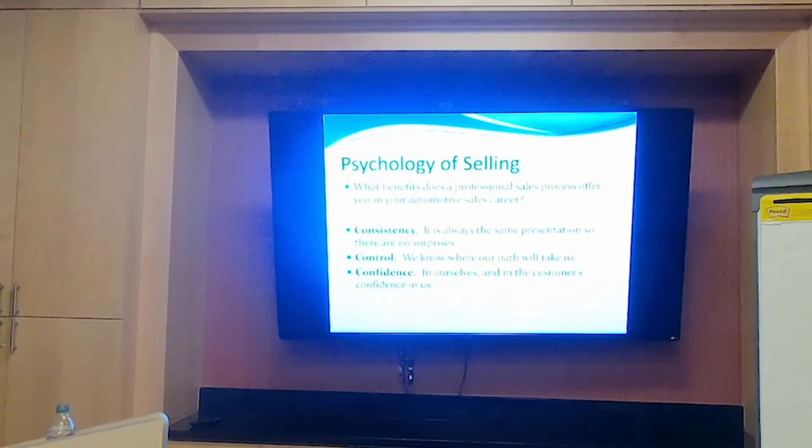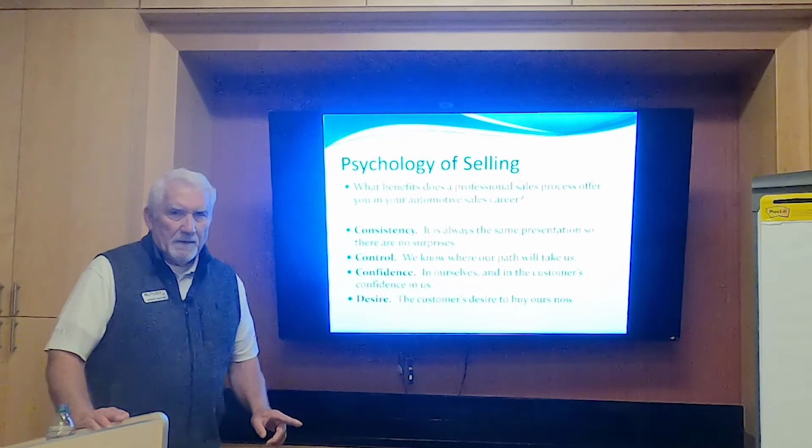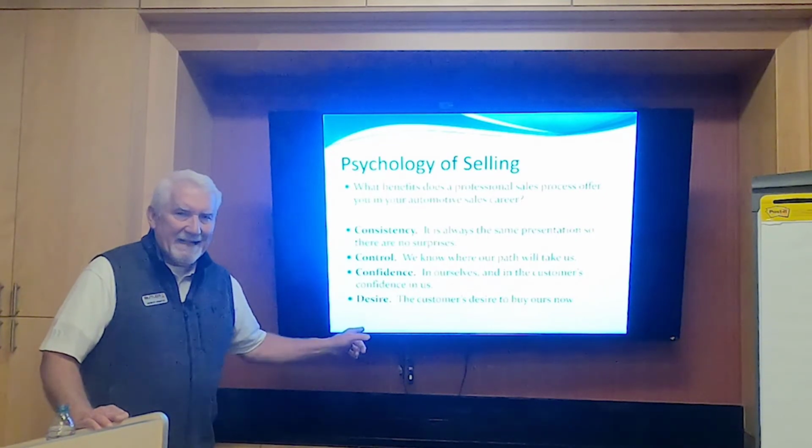Confidence in ourselves and in the customer's confidence in us. You want to be better than the last store that they left, the last sales rep. Desire. The customer's desire to buy ours right now. All these things we talked about will lead to that.